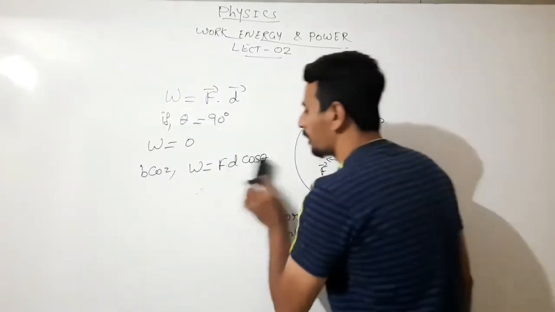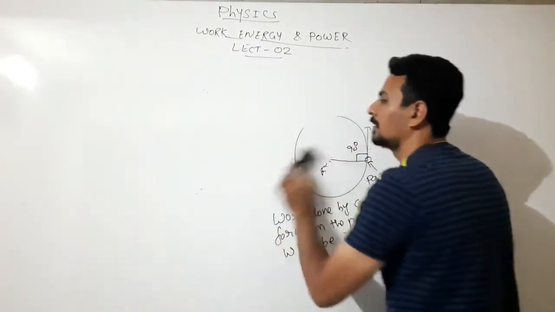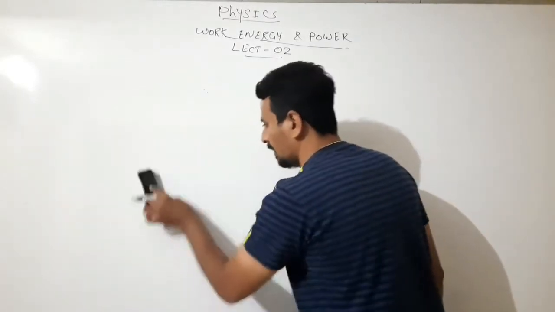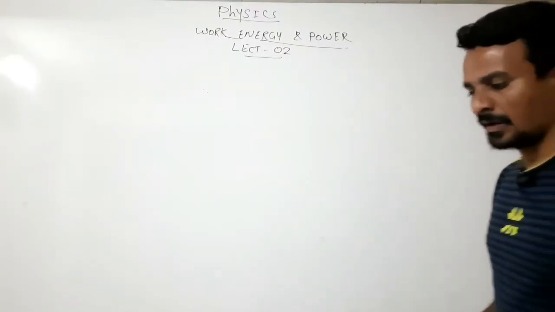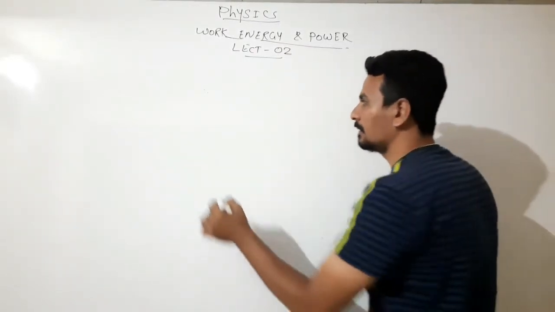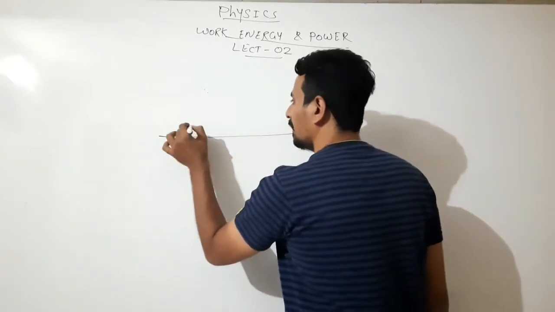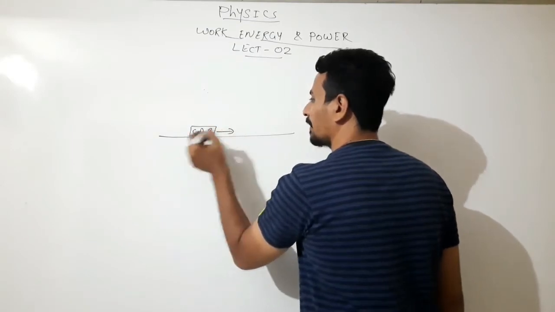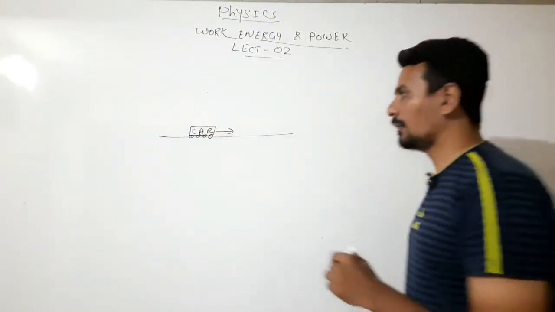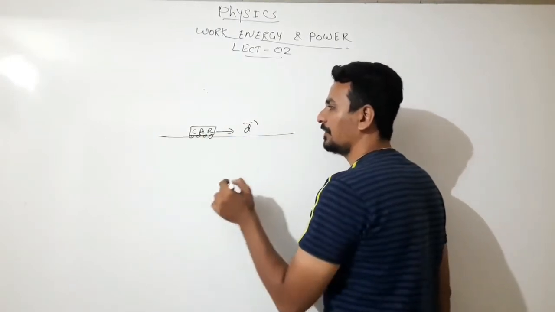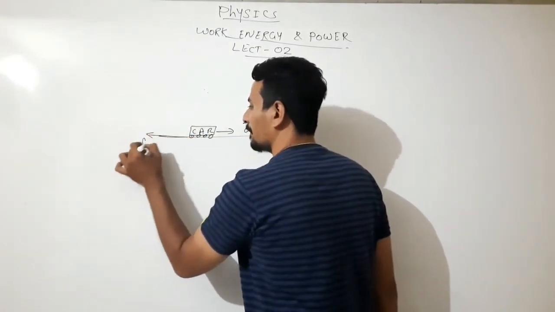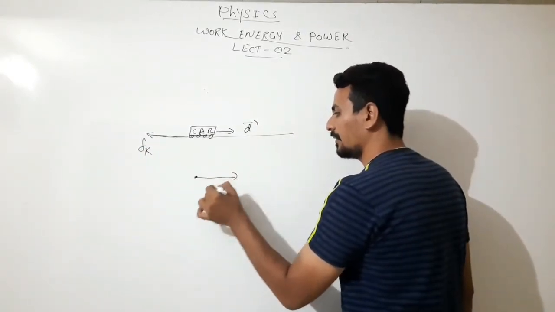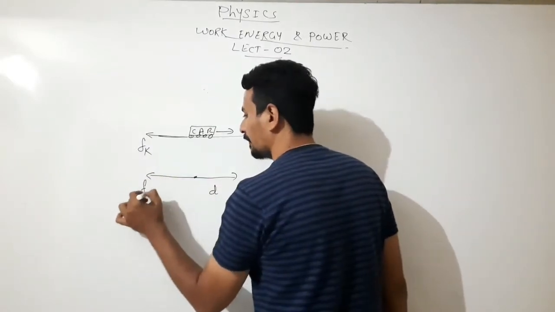Now, when theta is greater than 90 and less than 180, or if theta is 180 degrees, for example, we will take an example of friction. Suppose a car is moving in this direction, so the displacement of the car will be in this direction, and the frictional force acting on the car will be in the backward direction.